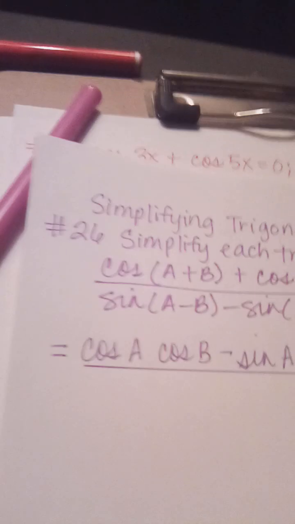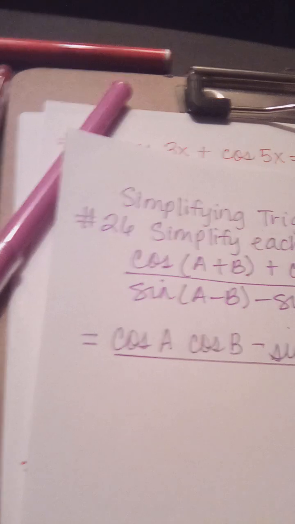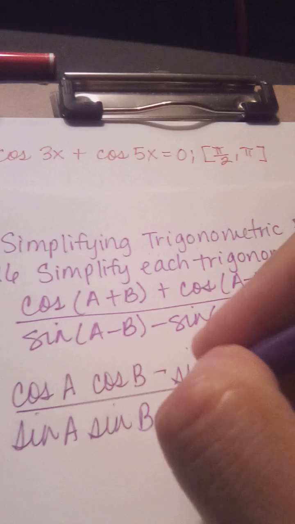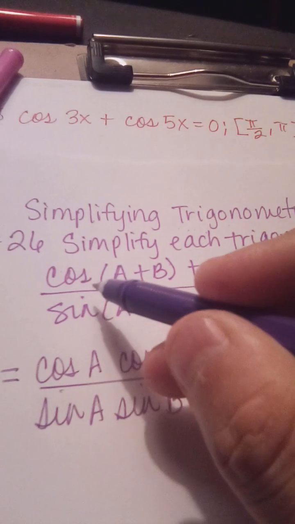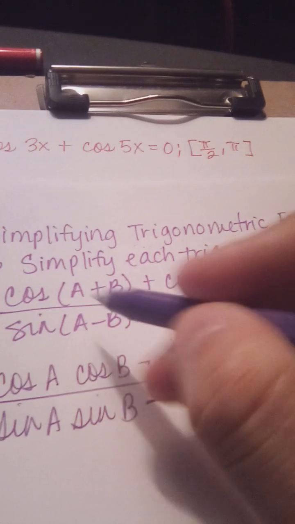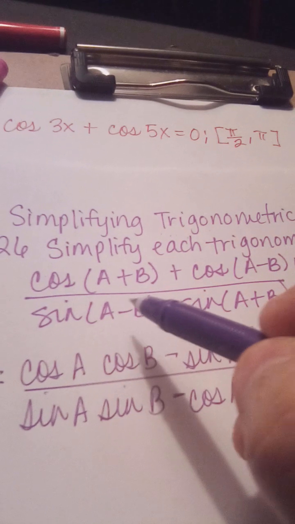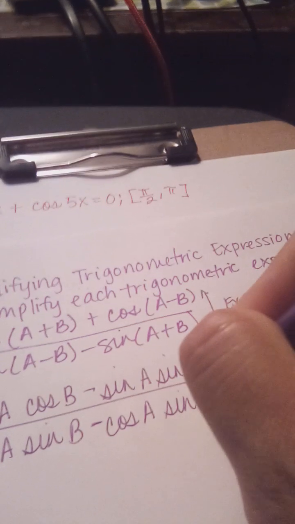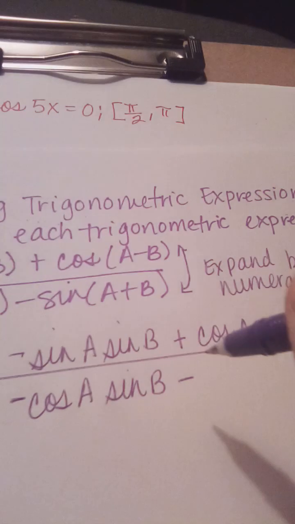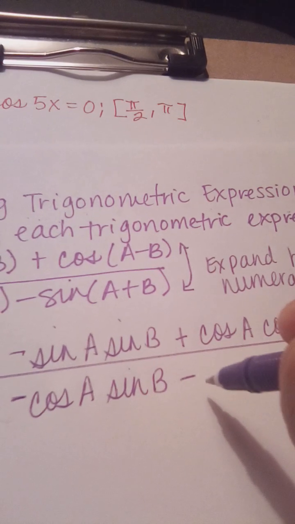So we have sine A, sine B minus cosine A and sine B. Minus, and if you're lost in these notes, don't worry, because I will send this to you.